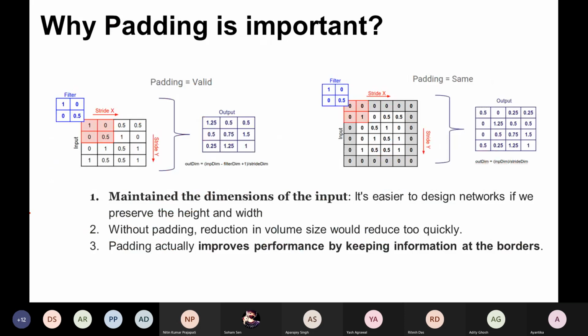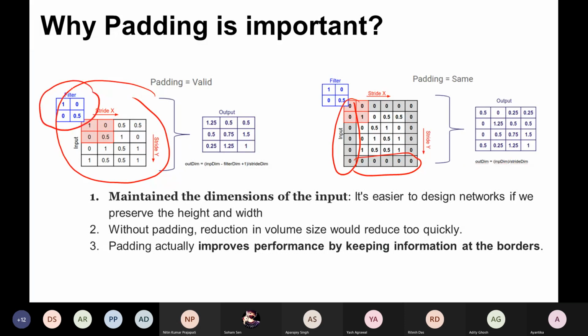Now, padding means this padding layer is added. Why is this padding important? You can see this input matrix, and this is your filter. Whenever you apply this filter on this matrix, you get this output.